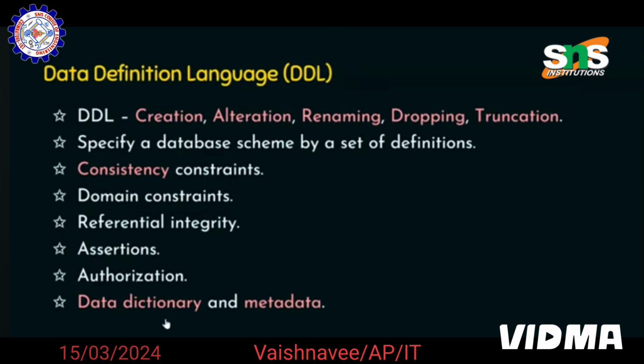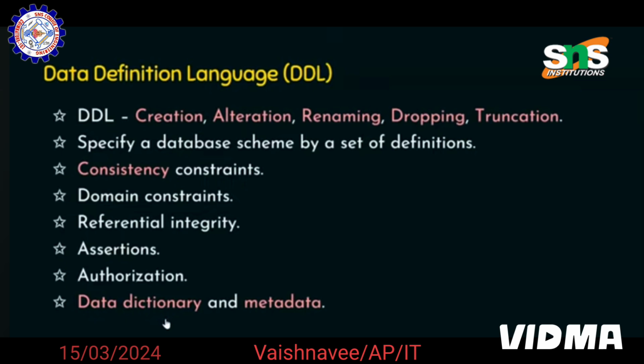So consistency constraints can be enforced on the database in two ways. One is with domain constraints and the other one is with referential integrity. Let's focus on domain constraints. In a table we obviously have some columns. Each column is specified by a data type. This itself is a constraint to some extent. Let's take an example, an employee table. The first column is ID, the employee ID, and employee ID is all numbers.